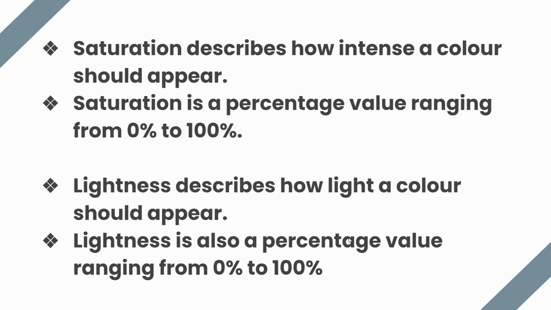Now I know some of these explanations look too technical, lightness here, intensity here, but don't worry, when we get to VS Code you would see how this color code works for the HSL method. The lightness also is a percentage value which ranges from 0% to 100%.